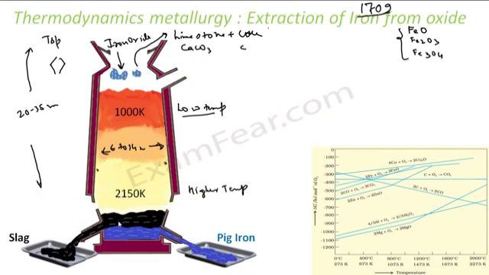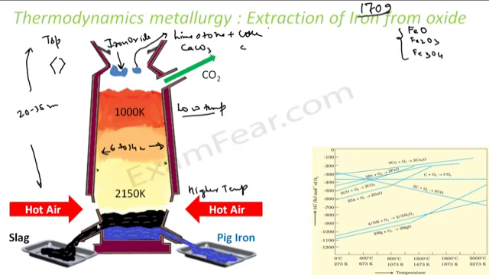The pig iron is a little heavy, so we collect it here, and at a little higher place we have this hole, and from this hole we get the slag.